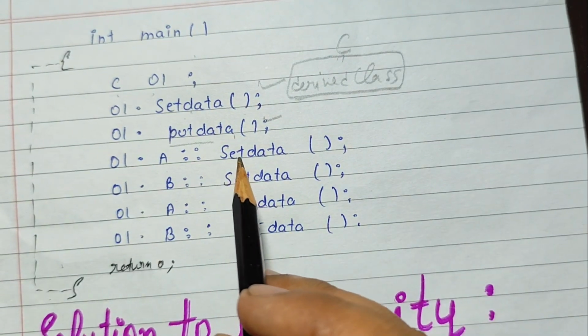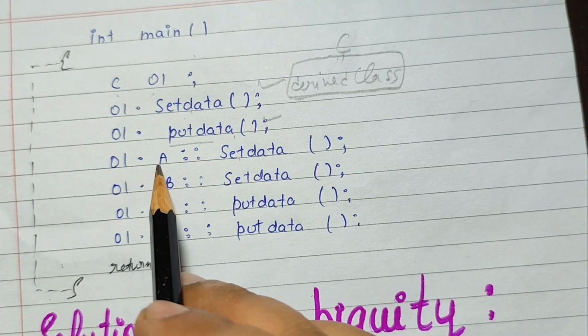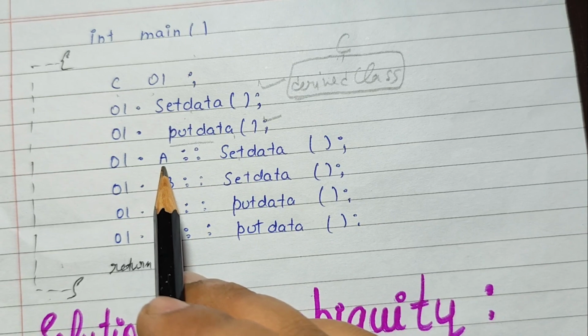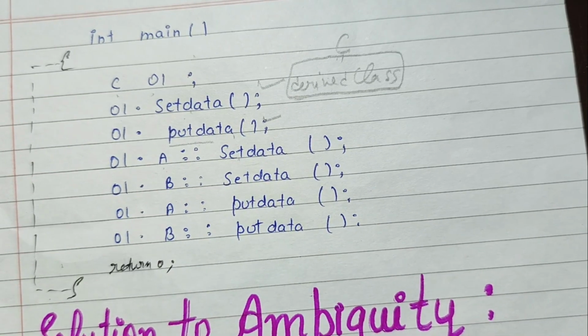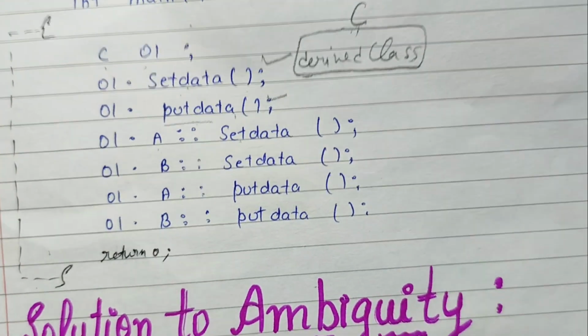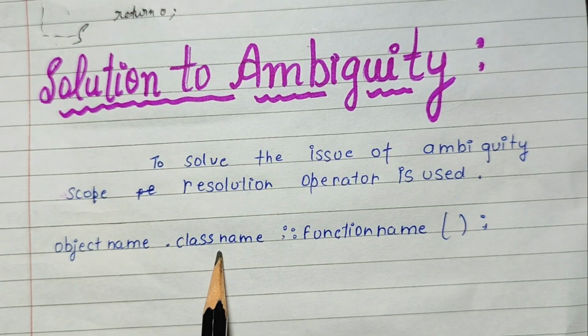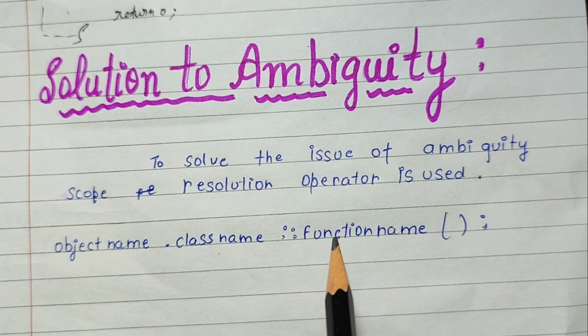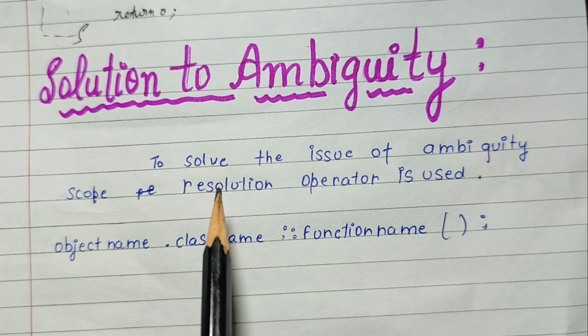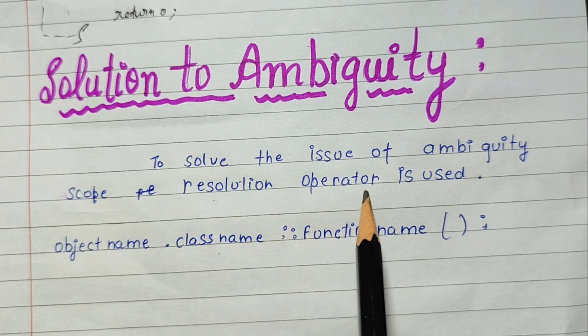Now if you want to call the set data member function of base class A, the thing is, with the help of the scope resolution operator and class name, we can call the member function of any base class. Now to solve the issue of ambiguity, I use the scope resolution operator.